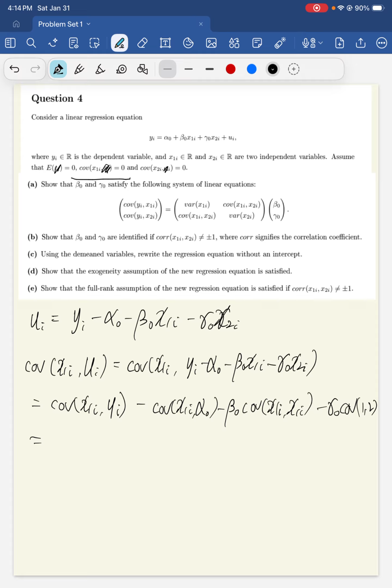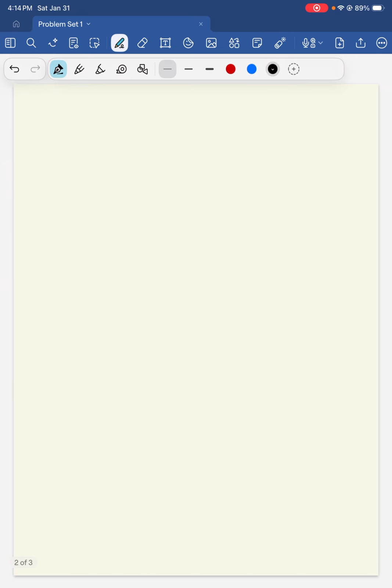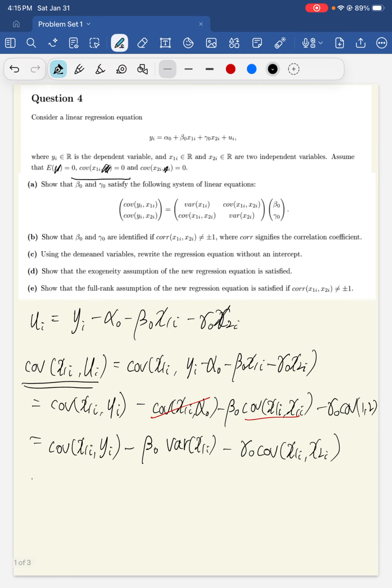Okay, and we have done this several times. This is 0. This is variance. Rewrite that: covariance x1 y minus 0 minus beta 0 times variance of x1i minus gamma 0 covariance x1 x2, right? This is 0 because we started from something that equals 0. We can do the same thing for covariance of x2 and u.